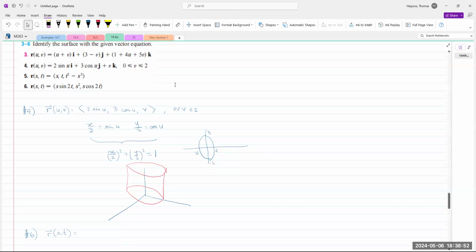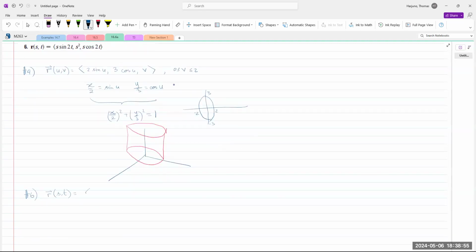Now let's see, number 6, you have s sine 2t, s squared, s cosine 2t. Notice that the x component squared plus the z component squared gives us s squared, which is the y. You see that?